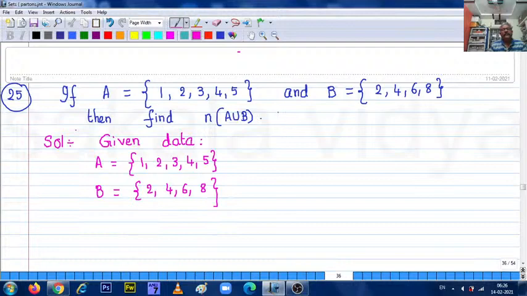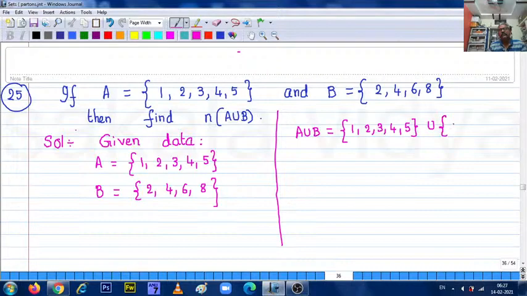So first let us find A union B. So A union B is equal to the union of the set A, 1, 2, 3, 4, 5, union 2, 4, 6, 8. So now this equals, we can write 1, 2, 2 repeats, 3, 4 repeats so take one time only, 5, 6, 8. This is A union B.